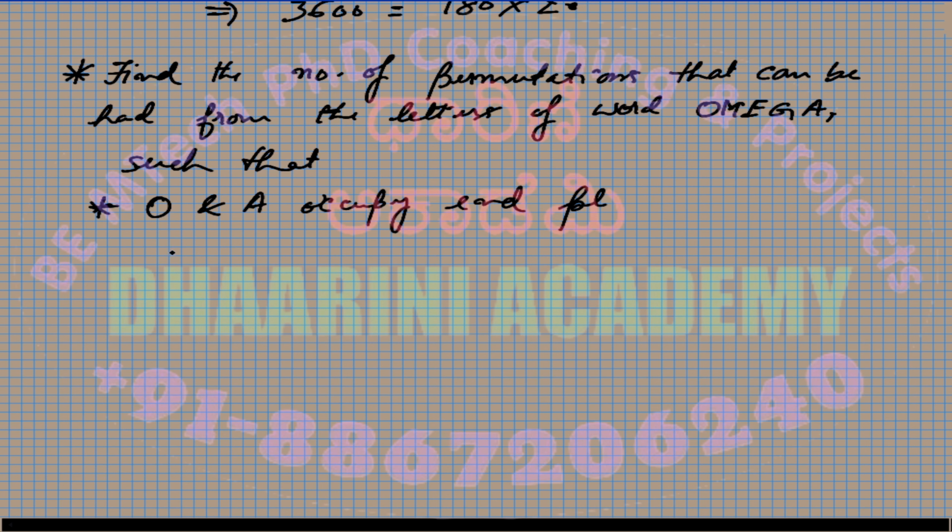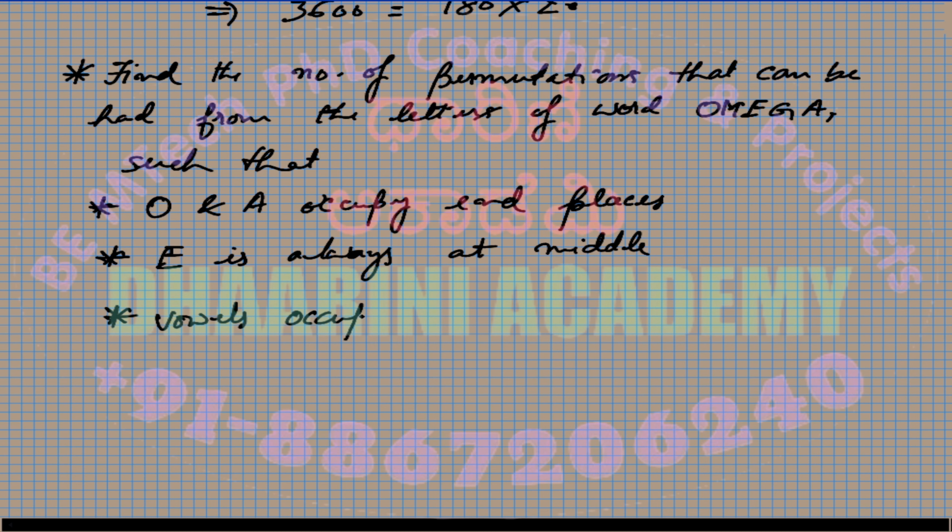The second part of the question is capital E is always at the middle. Then vowels occupying the odd places.